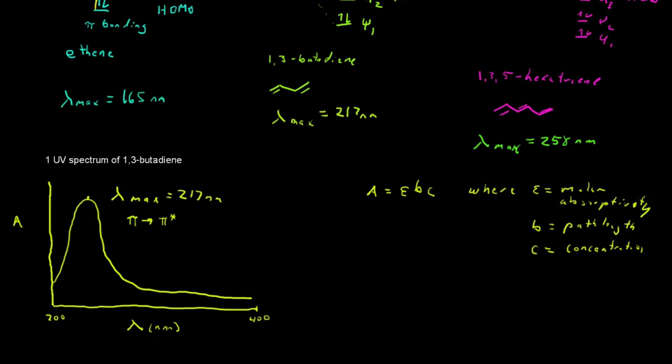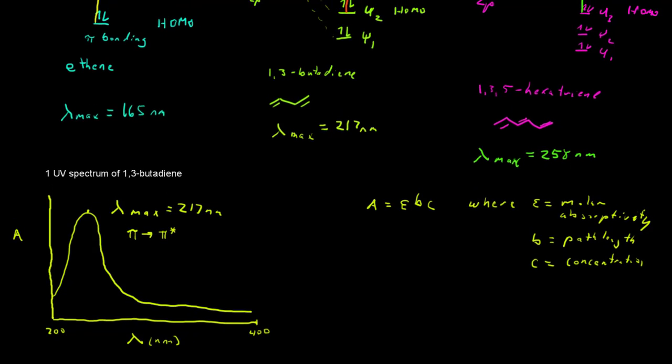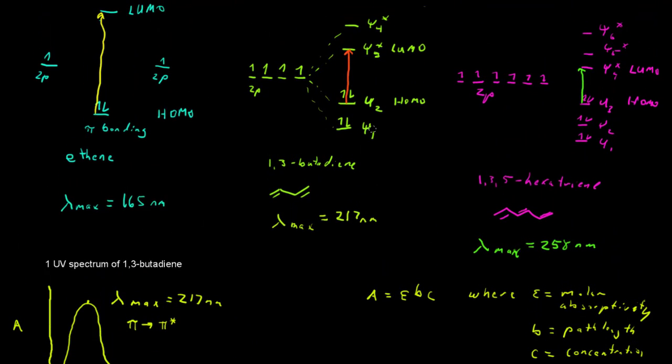Now, there's something that might bother you looking at this spectrum, and that is how broad this peak is. If we look at the transition that we're observing here between the HOMO and the LUMO for 1,3-butadiene, this is a single transition, and we could reasonably expect it would give us a fairly sharp peak, but what we're observing here is a fairly broad peak, which is odd.